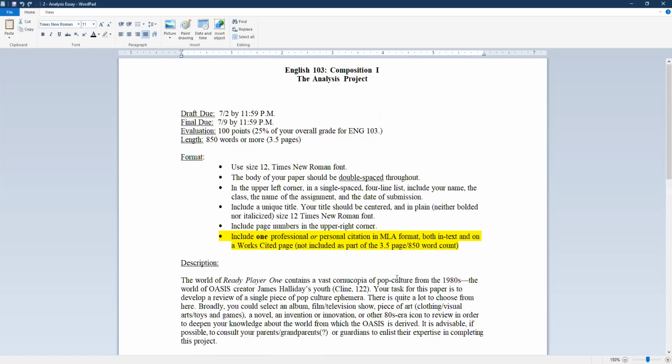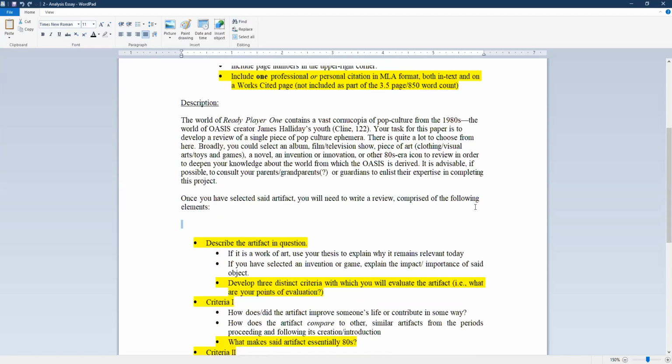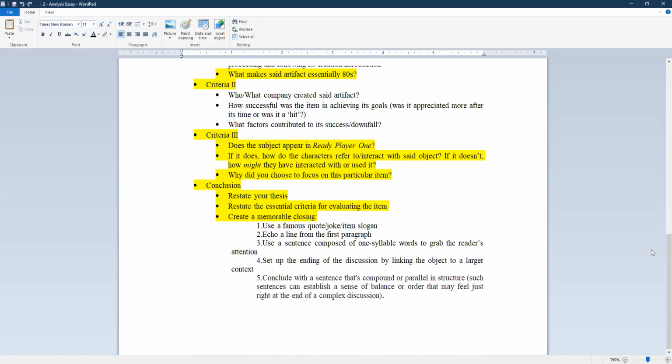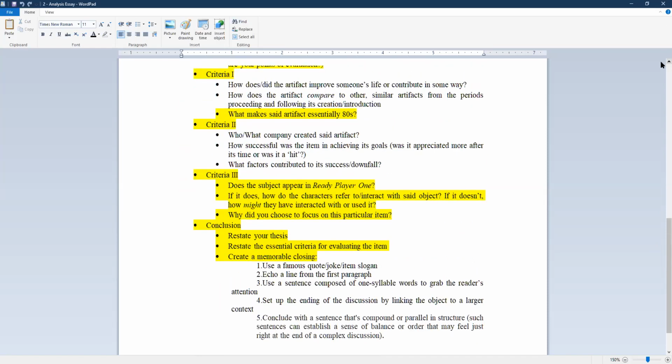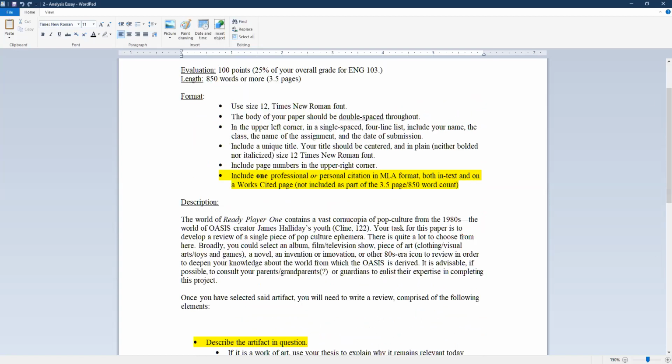But once you select the artifact, the steps are pretty easy. You can simply, of course, like we saw with the RMX16 in our past session, start by describing the artifact in question.